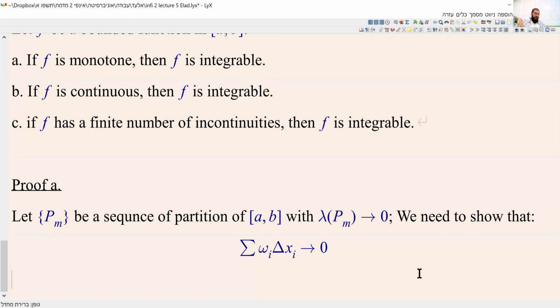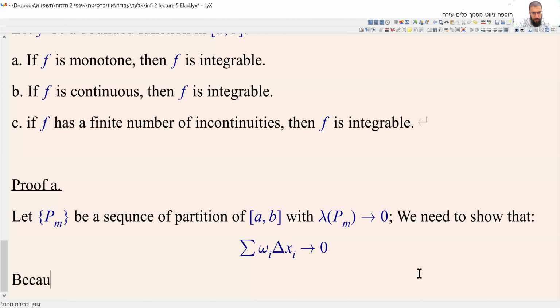The sum of oscillations is always positive, or at least non-negative. An oscillation is always non-negative. It's the sup minus the inf, and the inf is smaller than the sup. And the deltas are positive as well. They represent the lengths of the subsegments.